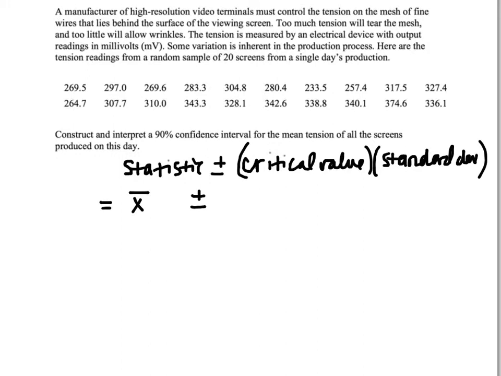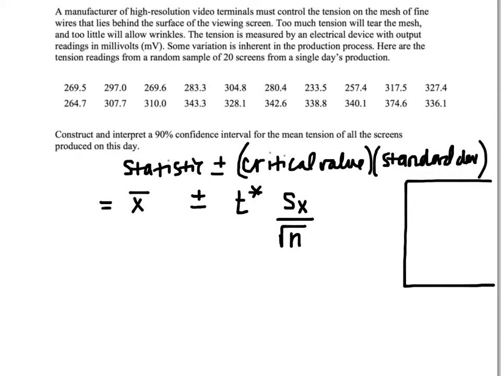Since we don't know the population standard deviation, our critical value is t star, and our standard deviation is the sample standard deviation divided by the square root of n. These values are very easy to find, and on the side here, I'm just going to write what they are.